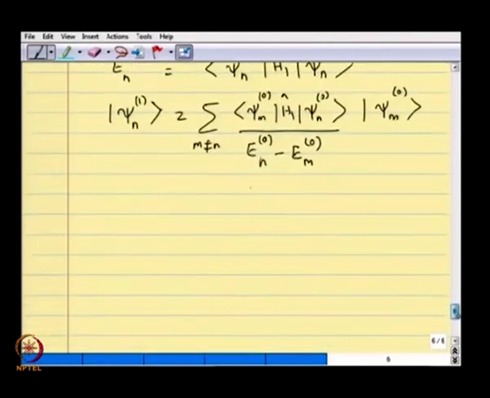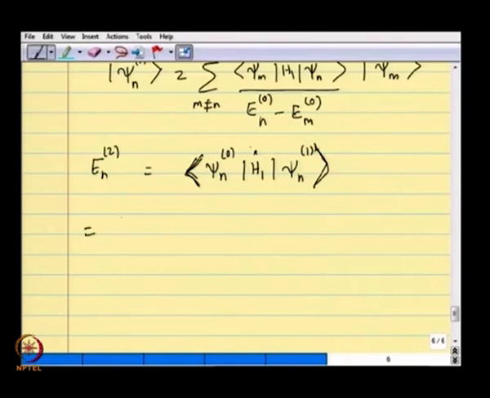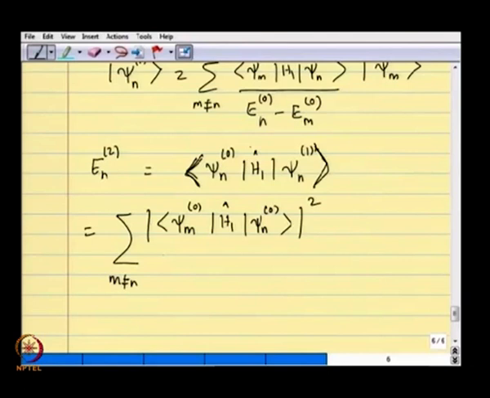And finally the energy correction to second order, E n 2, is psi n 0, H1, psi n 1, and that was given as the sum over m not equal to n of the absolute square of psi m 0, H1, psi n 0, divided by E n 0 minus E m 0.